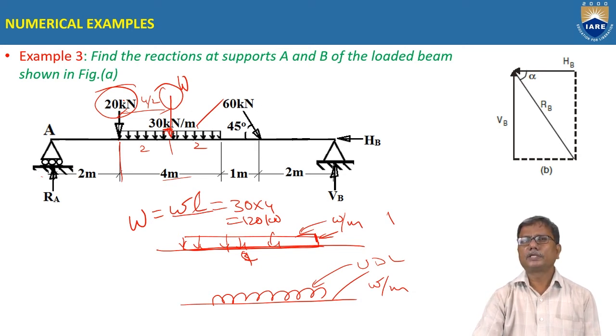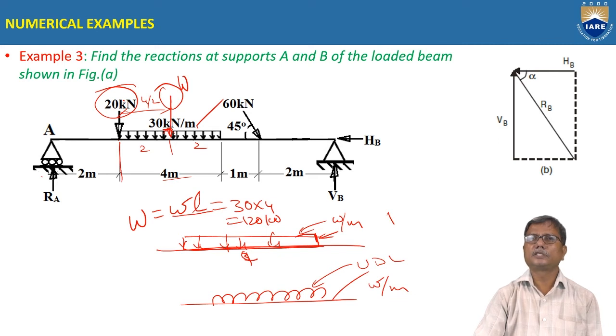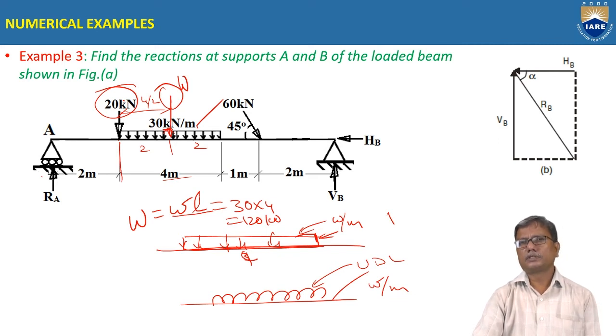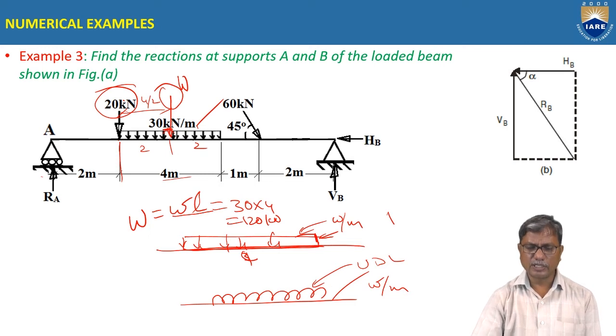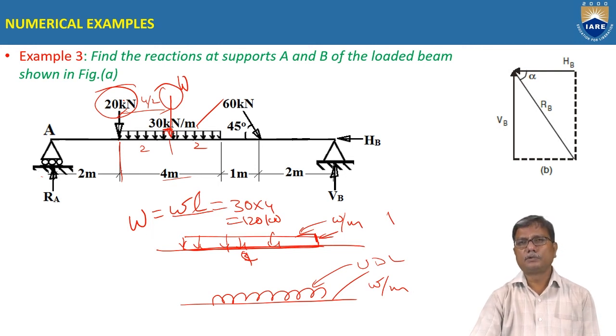So while taking moment, how will you get the distance of the resultant force? The resultant force acts at the midpoint, the centroid. So you must have an idea where the centroid will lie for a UDL, for a rectangular load, for a triangular load, for a trapezoidal load, for a parabolic load.